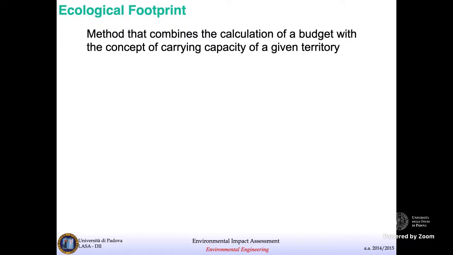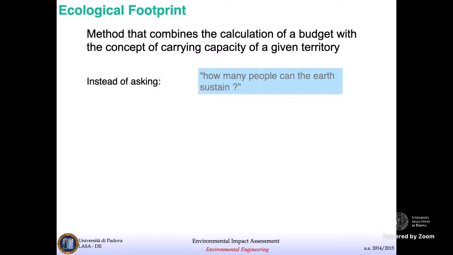It's a method that combines the calculation of a budget with the concept of the carrying capacity of a given territory. You may have already been introduced to the concept of carrying capacity. Carrying capacity is the ability of a portion of the territory to sustain an activity in terms of resource production and in terms of waste disposal.